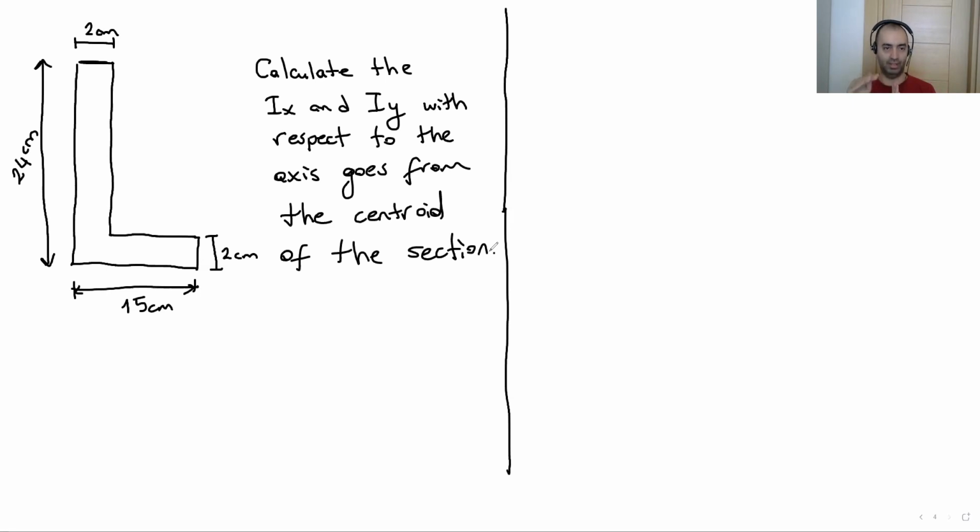The horizontal one is x, vertical one y. And according to these x and y axis, calculate the Iy and Ix. Okay, that's the case. We have a shape problem.